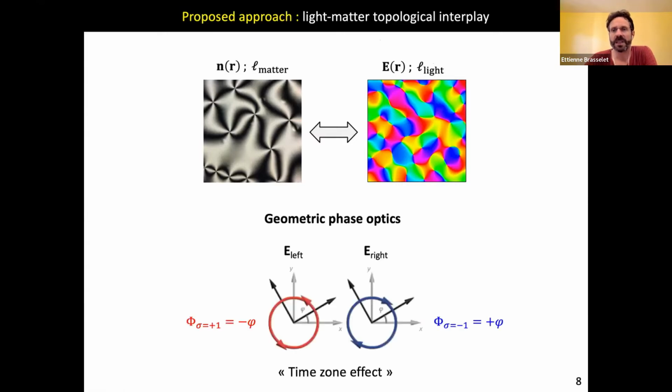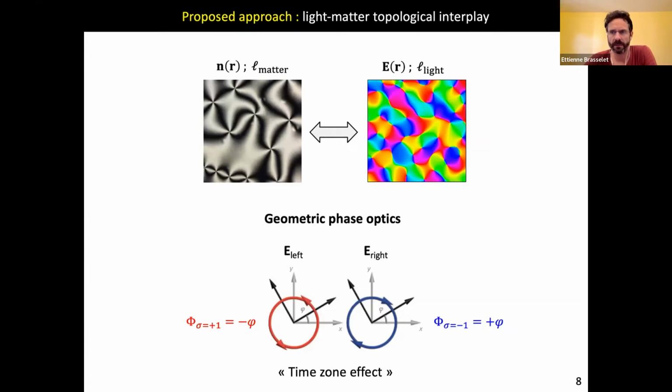This connection is made by a physical ingredient, a generic one, called geometric phase. Geometric phase in optics means that we are dealing with reference frames. If you don't know this physics, think of it as a time zone effect for the phase of light.